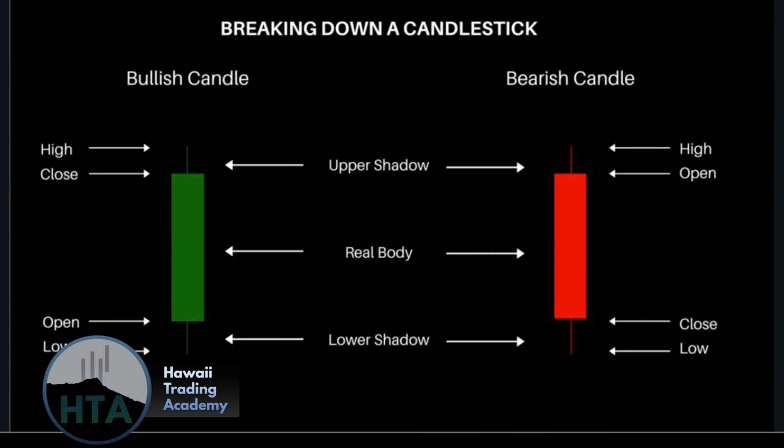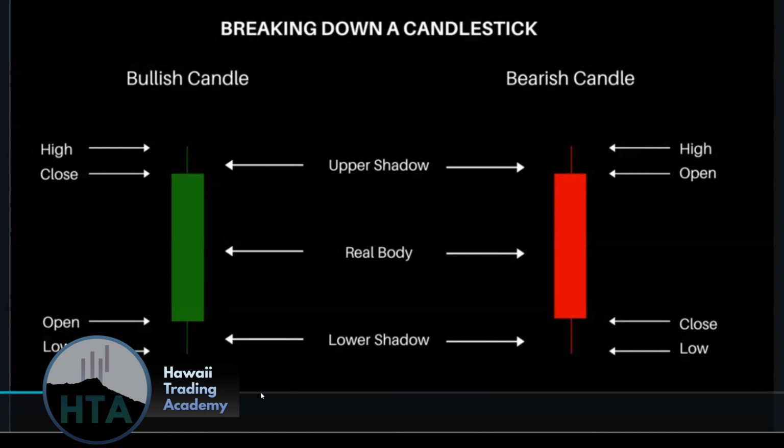So we've got the high of the bullish candle, which is the very top right there. They call it a very skinny piece, okay? Then we've got the close, which is the bigger part, the body of the candle, right? So price starts at the open, and let's use an example of how this is formed. Over, let's say, a 5-minute span, we're watching the price of Pokemon cards.